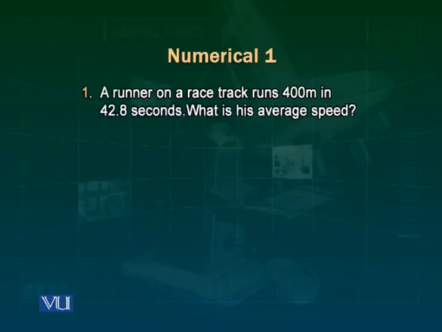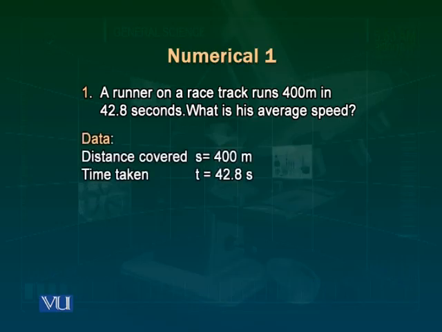The first question which we had was that a runner on a racetrack covers 400 meters in 42.8 seconds, and we had to find the average speed. The data we have at the moment is the distance covered, S, which is 400 meters, and the time taken, which is 42.8 seconds. The information required is average speed.